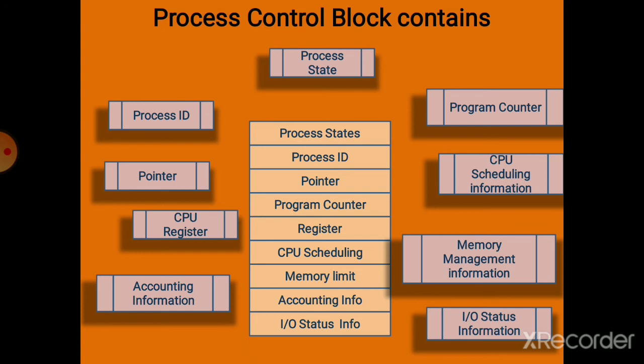The next information is I/O status information. This includes a list of I/O devices assigned to the current process. For example, if the current running process is using a printer, memory, and a processor, then it contains a list of three devices: printer, memory, and the processor.